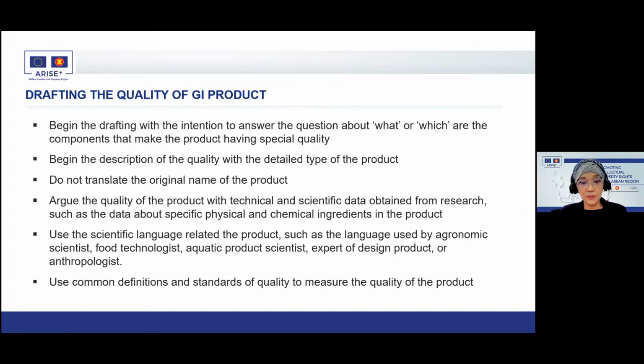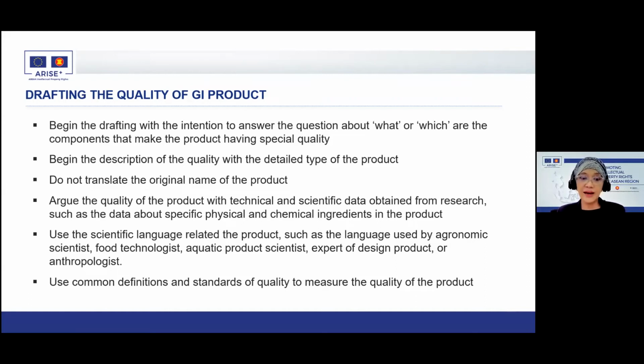Argue the quality of the product with technical and scientific data obtained from research, such as the data about specific physical and chemical ingredients in the product. So we need scientific data about the quality of the product. It's not enough to draft that this coffee is premium, it's very delicious, it's very creamy. We have to support that with data.